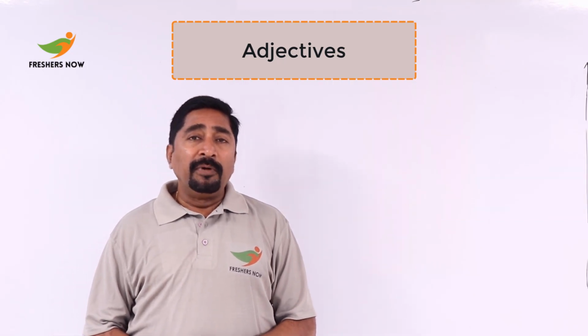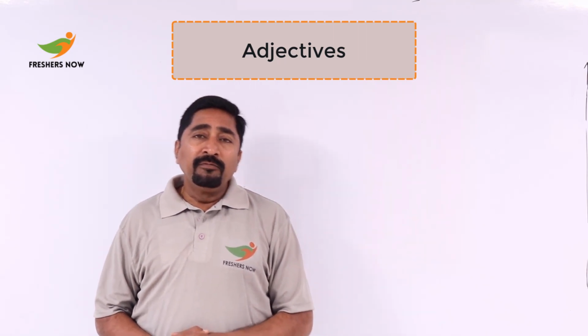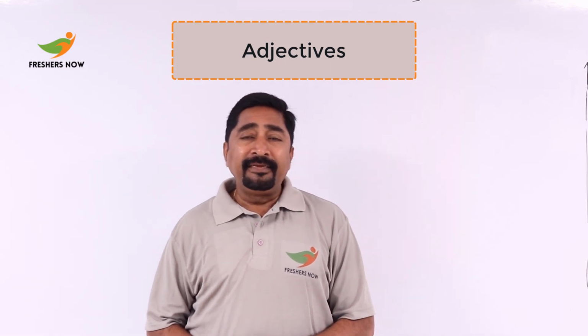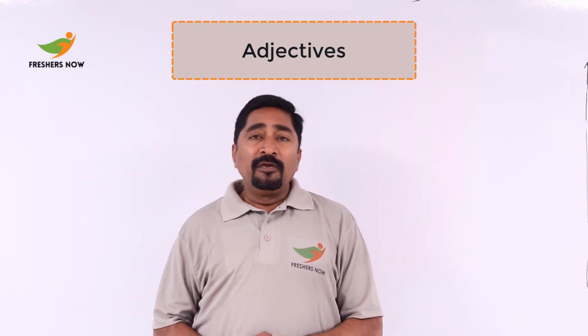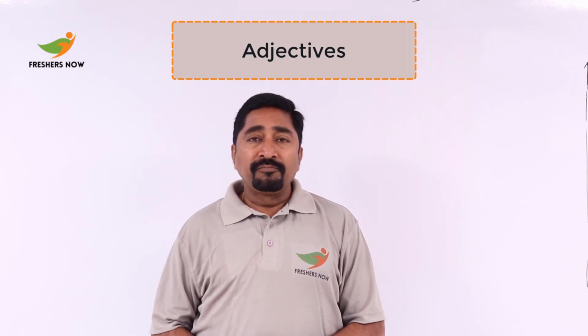Now come to know about what are the different types of adjectives. We have two types, but let us come to know in detail. One is descriptive and the other is determiners.